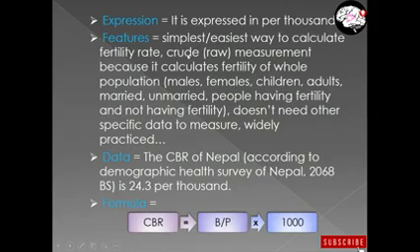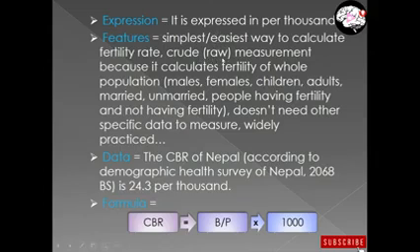It is a crude or raw measurement because it calculates fertility of the whole population, that includes males, females, children, adults, married, unmarried people, having fertility and not having fertility. These all are counted here, and it doesn't need other specific data to measure, and it is widely practiced in the world.